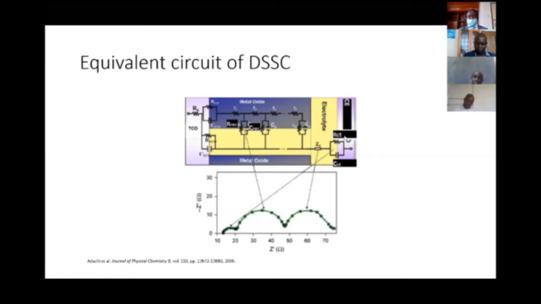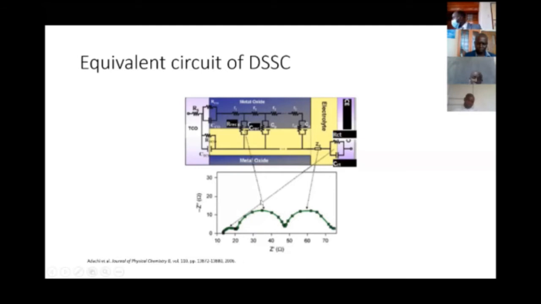Now here we have the recombination resistance at the counter electrode, and then here we have the Helmholtz capacitance. The time constant between these two will give this small semicircle on this side, while this semicircle here is represented by what is called the Warburg impedance, which is the resistance to flow of ions in the electrolyte.